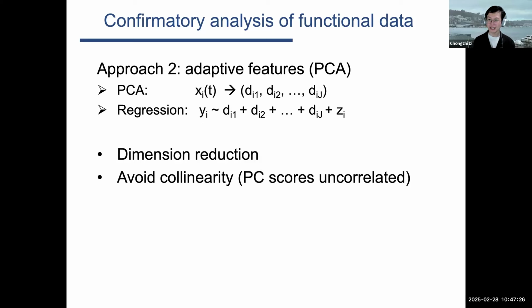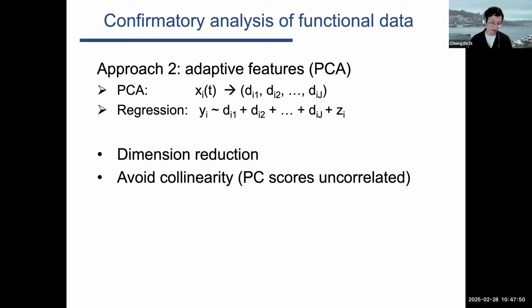If you use a threshold of 90%, you really feel comfortable knowing that the most important features are already there, so you don't have to worry about missing those. Another benefit is that the PC scores by design are uncorrelated with each other, so you avoid potential collinearity issues.